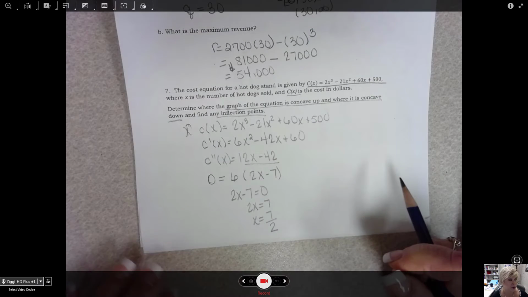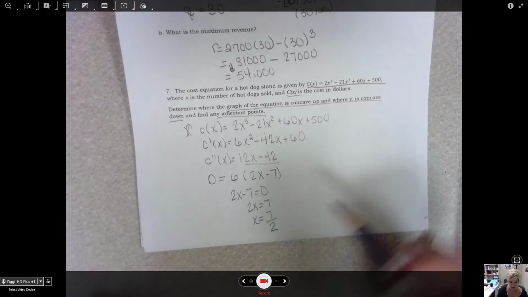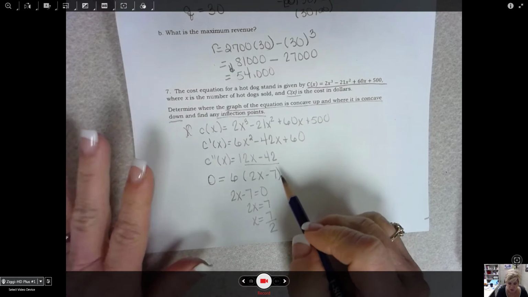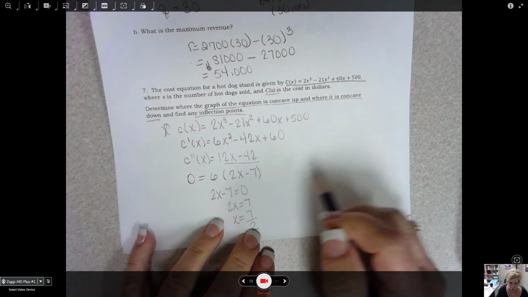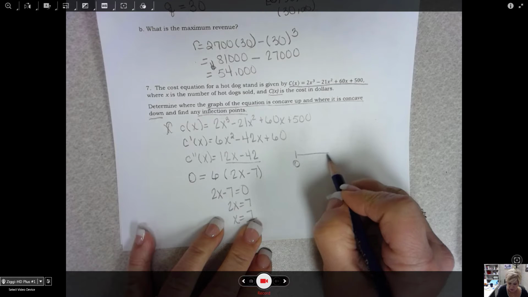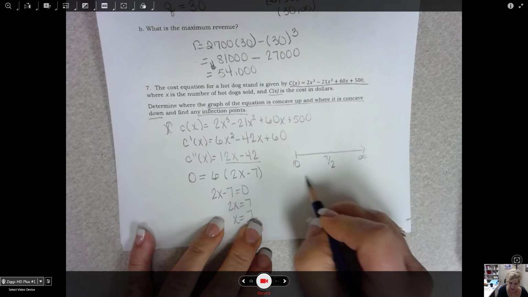I'm not sure how we can produce 3.5 hot dogs, but we're going to roll with it because the problem still works out. Where is it concave up? So I've got 0 to 7/2 to infinity.